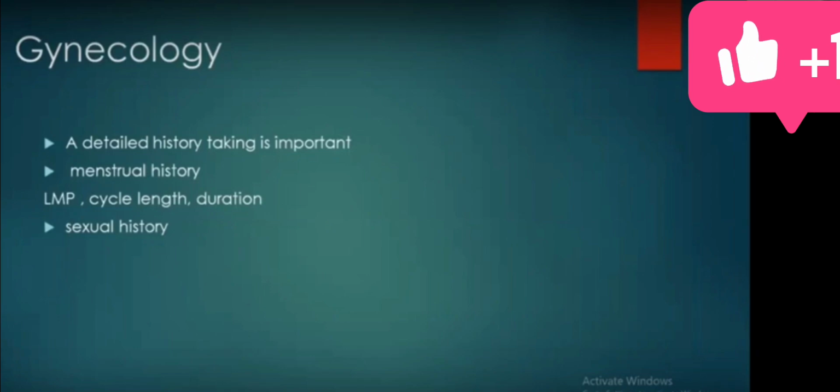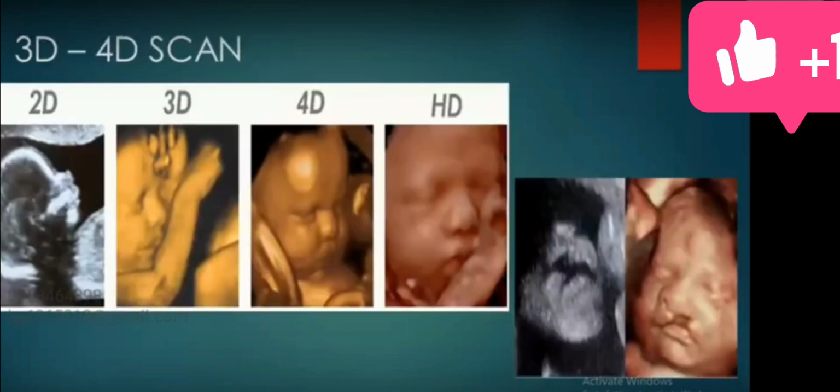You have to assess three consecutive menstrual periods so that you can assess the regularity of the cycle and also the cycle length, whether it is 28 days, and how many days the bleeding lasts. If the patient is sexually active, sexual history is also important, especially in infertility patients. You have to ask for the sexual history also.